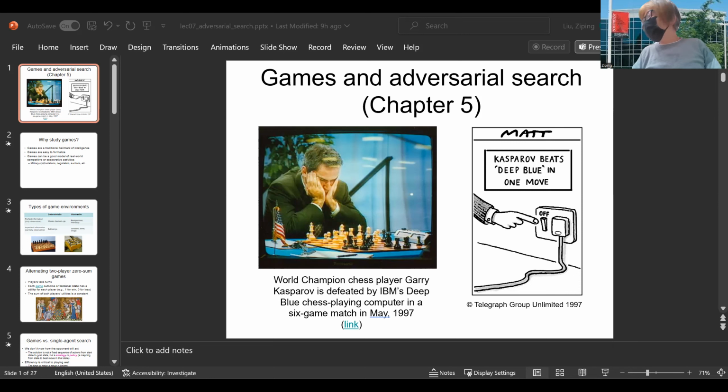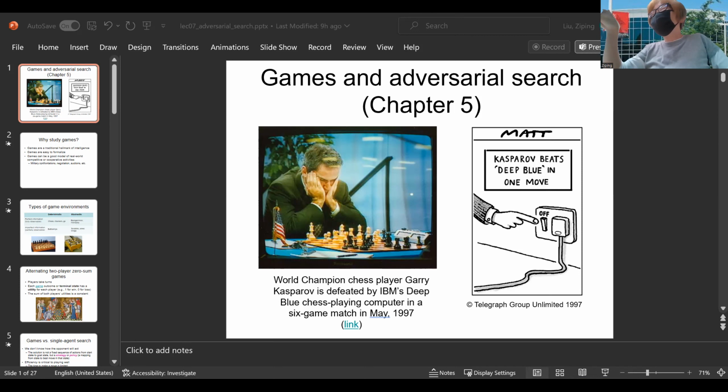For deterministic, here are some game examples: chess, checkers, Go. For stochastic: backgammon, Monopoly. Why? Because it involves randomness, you may use a die. For chess, there is no die.